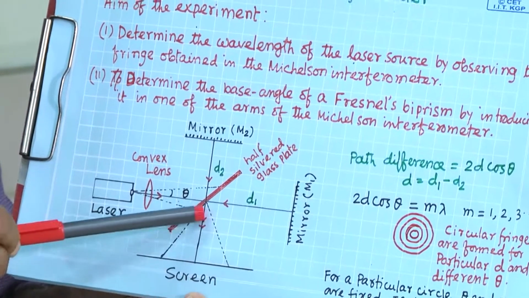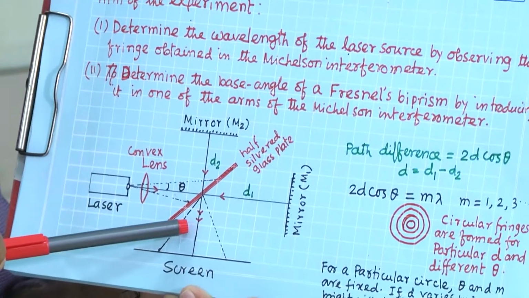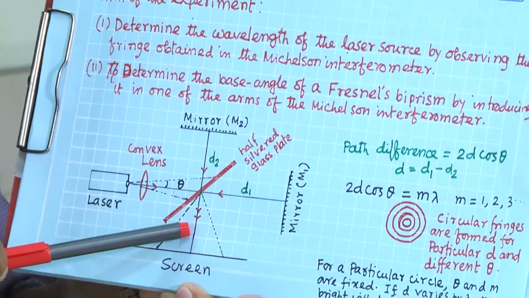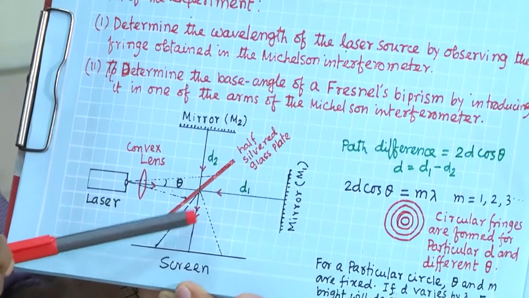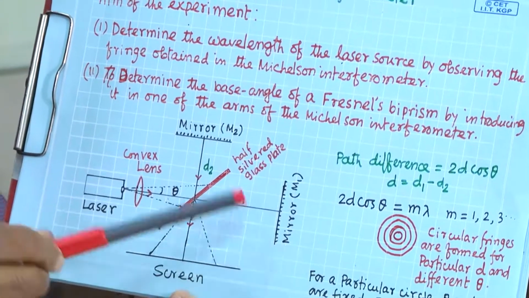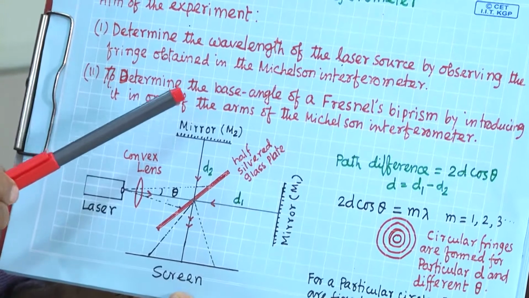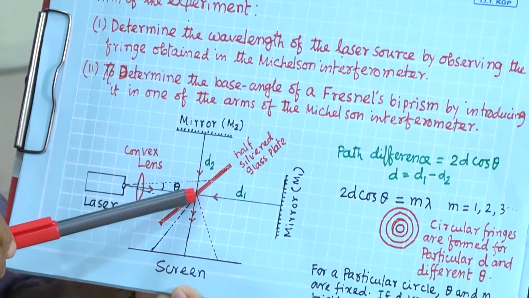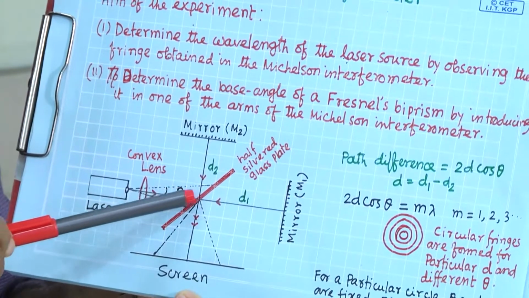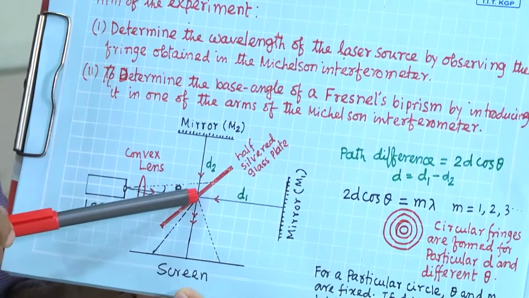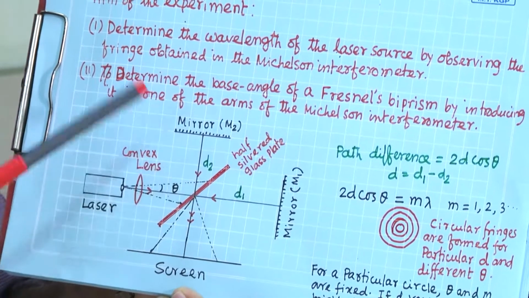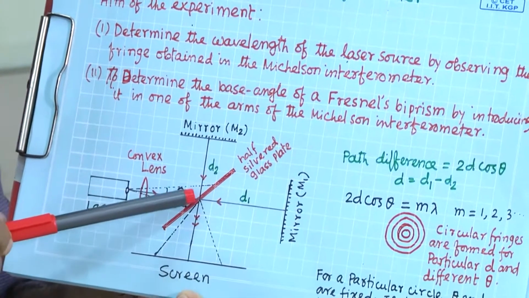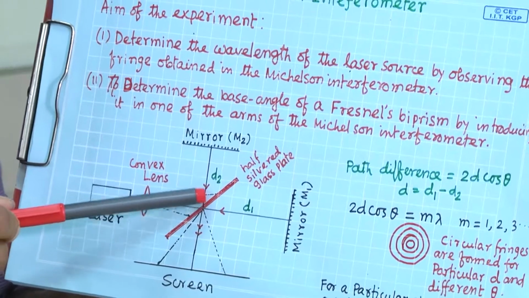So, in this region we are basically getting two rays, one reflected from mirror M1 and another from mirror M2, and these two are from the same source. One ray falls here, so it is called division of amplitude. One part of the ray goes this way, another part is reflected and goes this way.